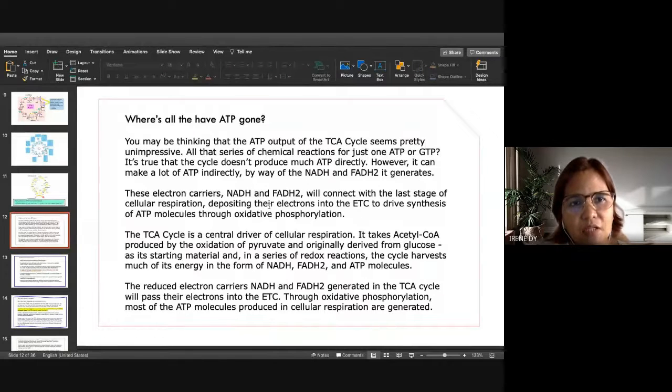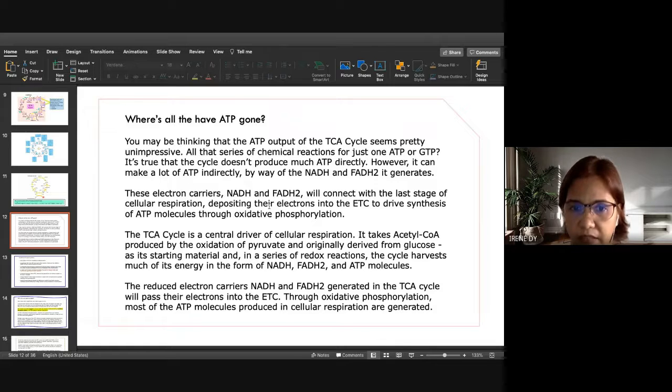So that tricarboxylic acid cycle is only a central driver of cellular respiration. From the beginning of the glycolysis, gumitna lang siya. So it takes acetyl coenzyme A. Kailangan itong acetyl coenzyme A para makapag-produce ng oxidation para kay pyruvate. And originally derived from glucose as its starting material.